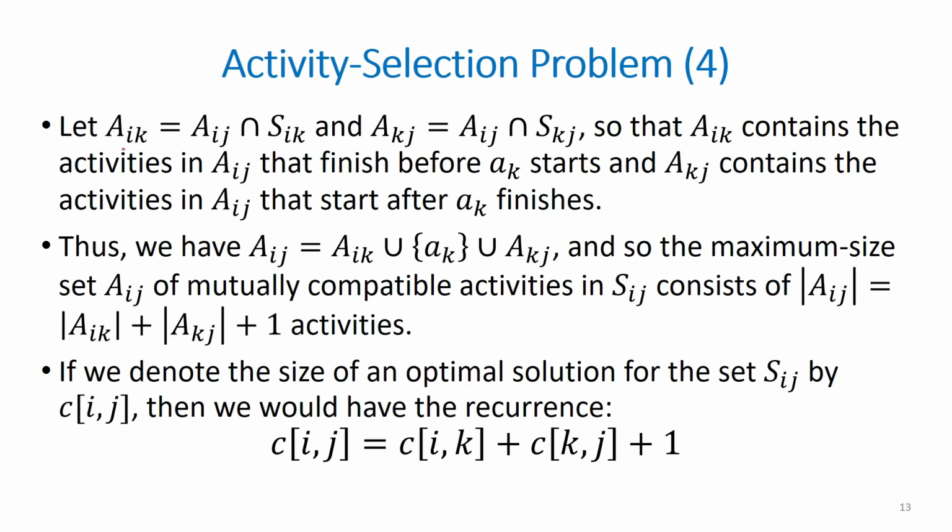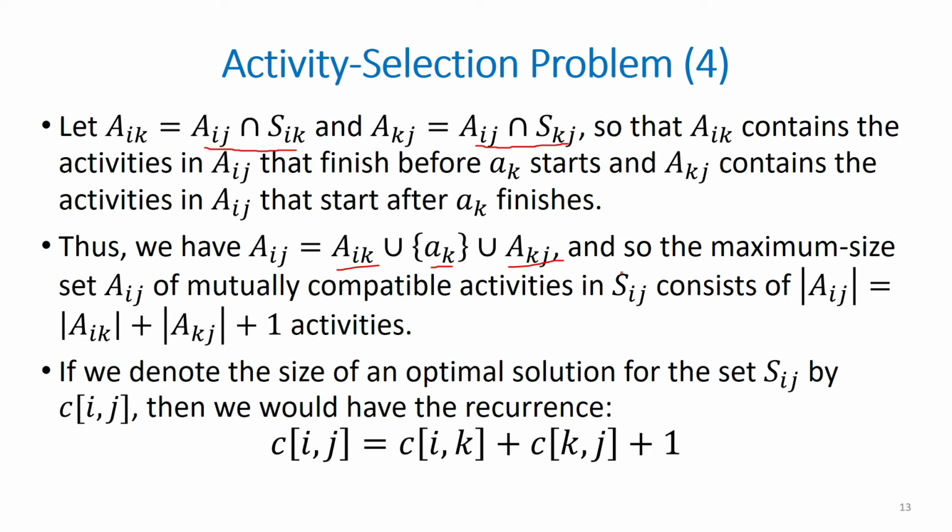Let A_ik be the intersection of A_ij and S_ik, and A_kj be the intersection of A_ij and S_kj. In this way, we can say that A_ij contains the activities of the subset A_ik, the arbitrary activity A_k, and the activities in the subset A_kj.